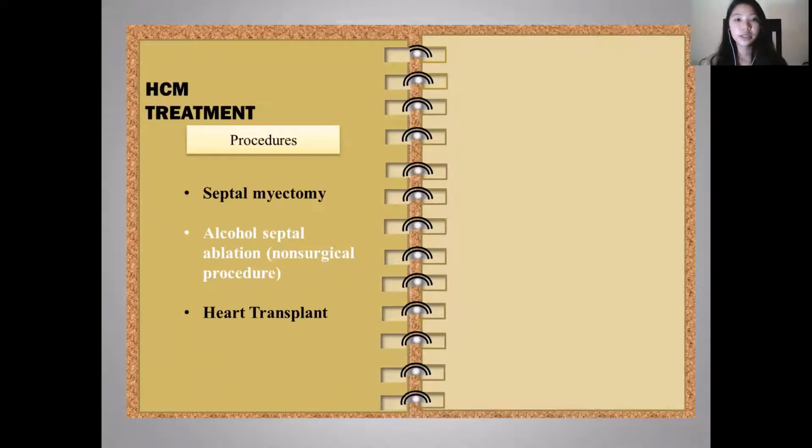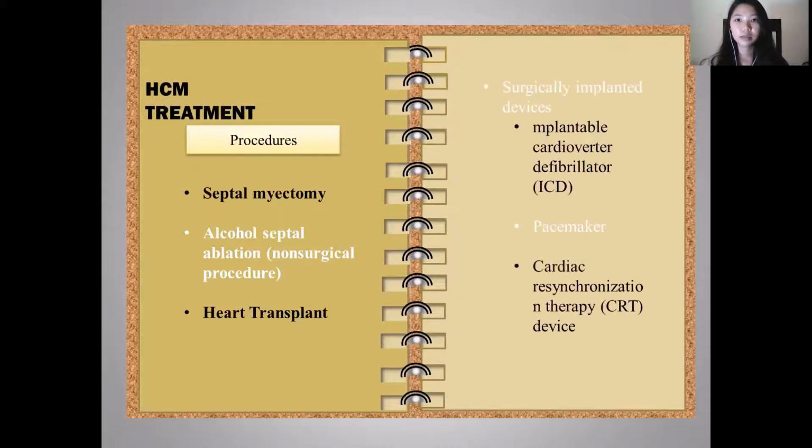Procedures: septal myectomy, which is the removal of a portion of the septum that blocks the flow of the blood, and also alcohol septal ablation, which is the injection of alcohol into the blockage, and heart transplant. Surgically implanted devices: implantable cardioverter defibrillator, pacemaker, cardiac resynchronization therapy device.